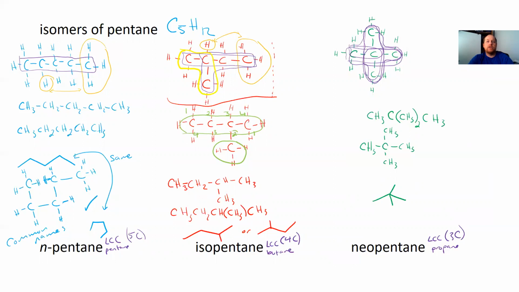And since the 2 here is less than the 3, the way that we did it initially, that's not going to be the right way. It's going to be such that you give the carbon that the branch is attached to the lowest possible number, okay?